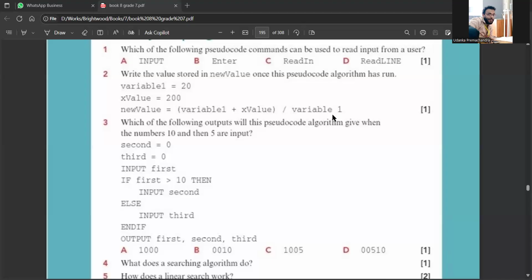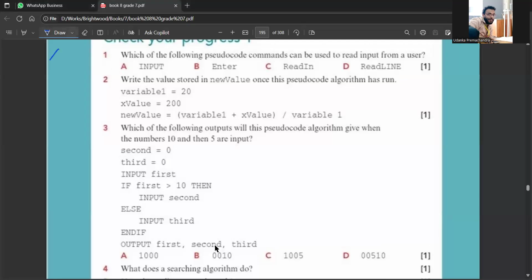About the first question, what they are asking is: which of the following pseudocode commands can be used to read input from the user? In pseudocode, when you want to read some input, what can we take? In the flowchart, if you want to get input and output, you can use the parallelogram mark. Normally in a flowchart you use the words input and output.